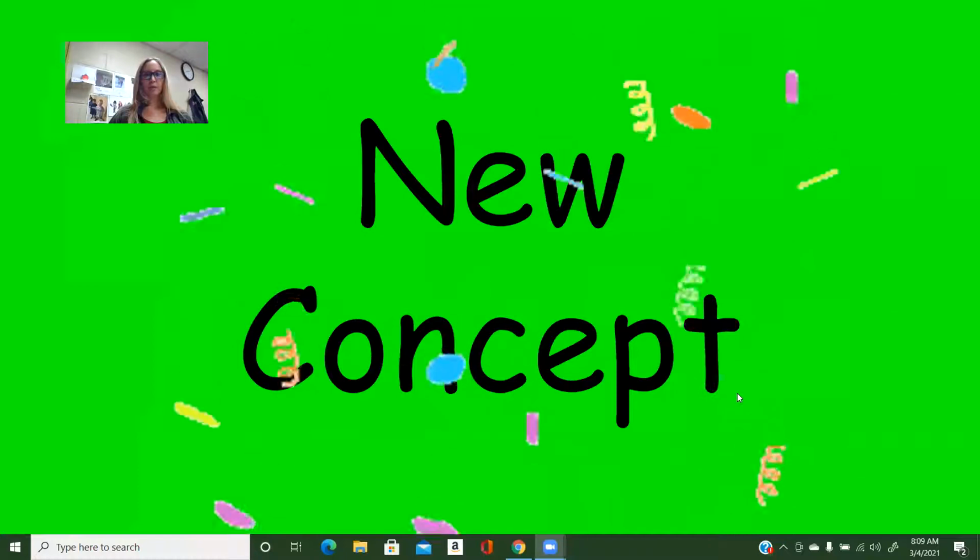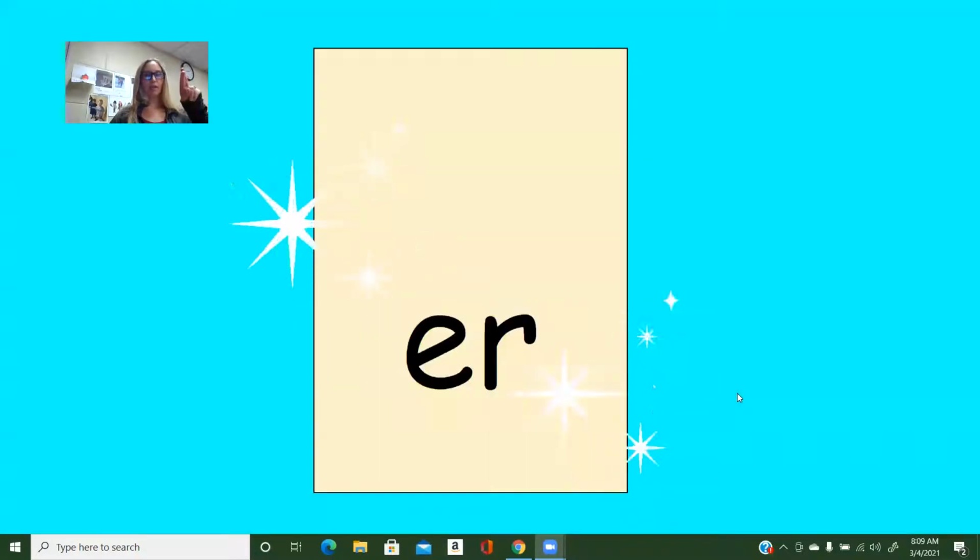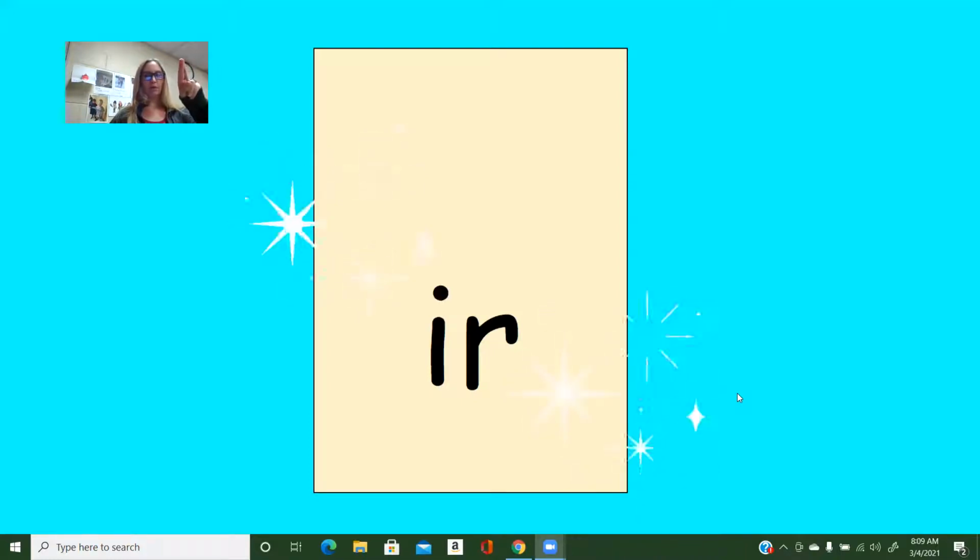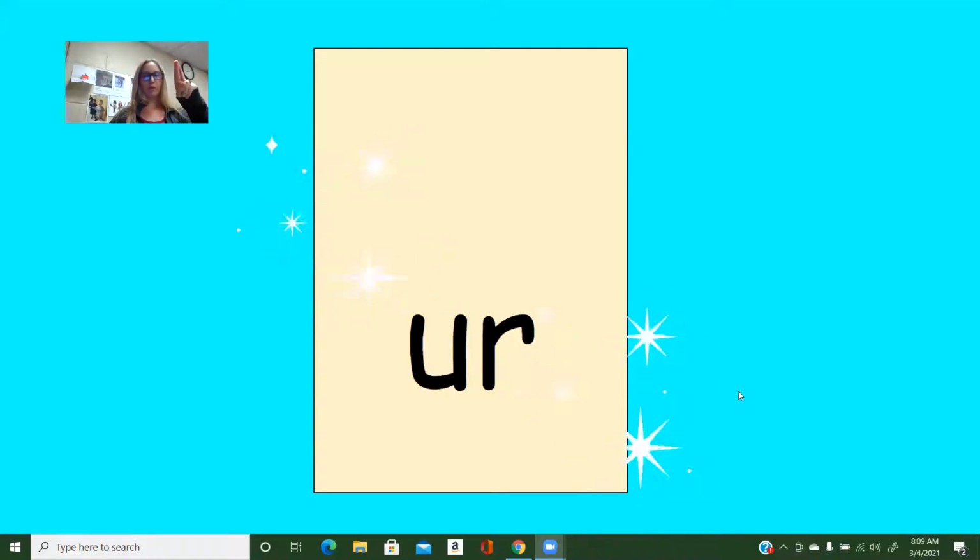Remember that our new concept this week is ER, our control. IR, R control, because it has a vowel and then an R. We have UR, which is also R control. We have a vowel with an R. And we have OR, which is an R control.